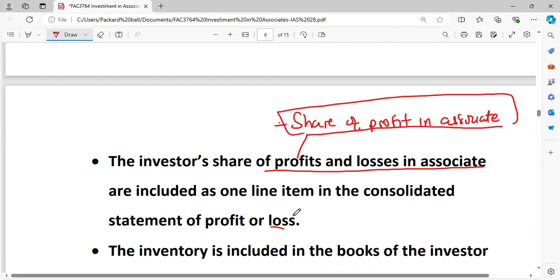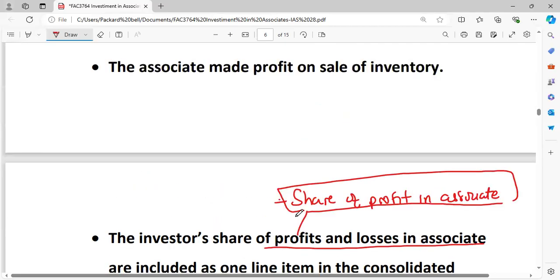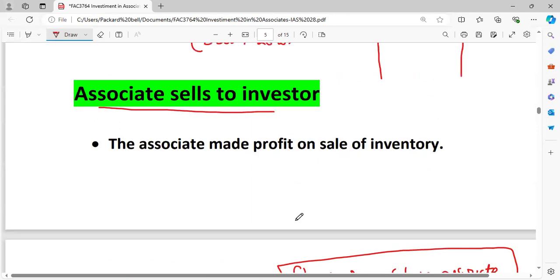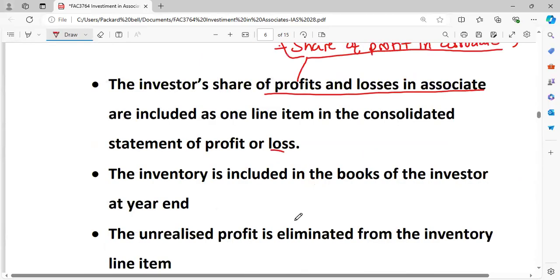Right? Here, the investor is the one who the associate sells to. So the investor is the one who is holding the inventory, which means the inventory is included in the books of the investor.